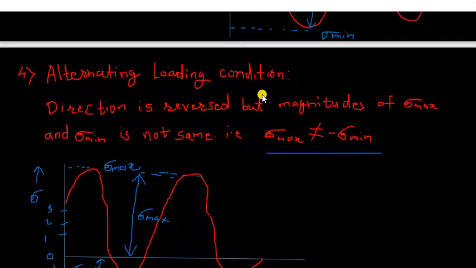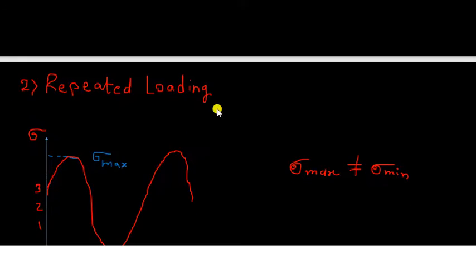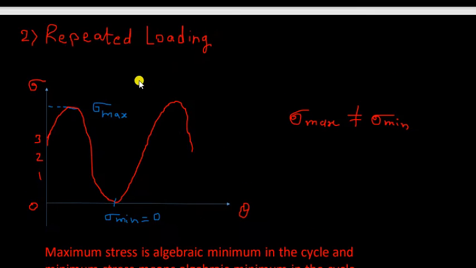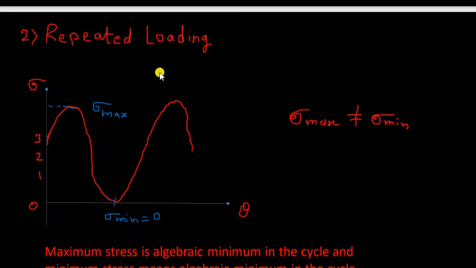Then the second case is the fluctuating or repeated loading. In the case of repeated loading, the maximum stress and minimum stress are again different, and more specifically the minimum stress is equal to 0.